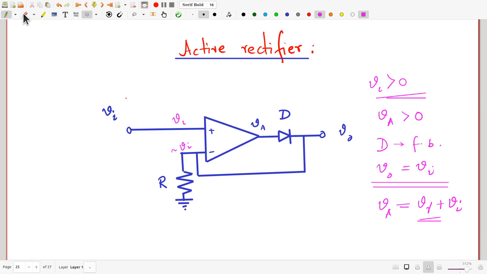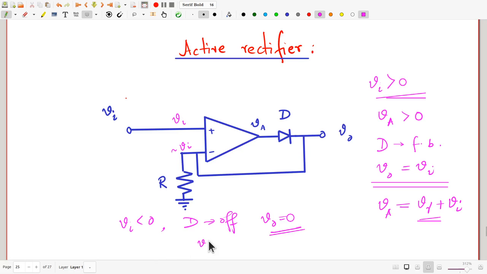Well, in the negative half, Vi becoming negative essentially makes Va negative. That cuts out the diode. As a result, the negative feedback path is gone. So at this point, the output is directly connected to the ground with no other source of current. Remember, the op-amp will deliver or take in very little current from its inputs. What that means is when Vi is less than 0, the diode being off, this would give you Vo of 0 volts.